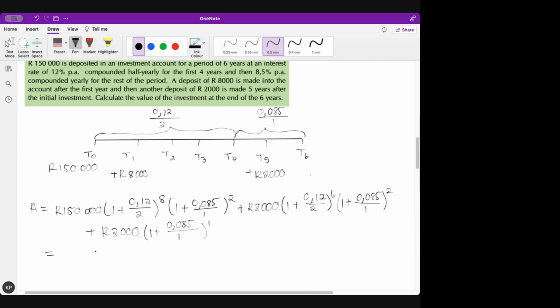And let's see what the accumulated amount is here. Please also do the calculation just to check me because I do make mistakes, trust me. 1 plus 0.12. If you have an answer for us, please send it in the chat so we can all compare our answers.